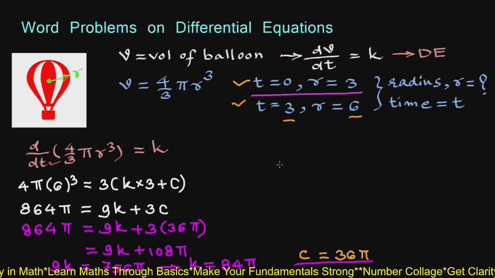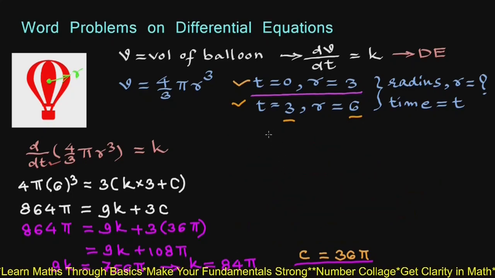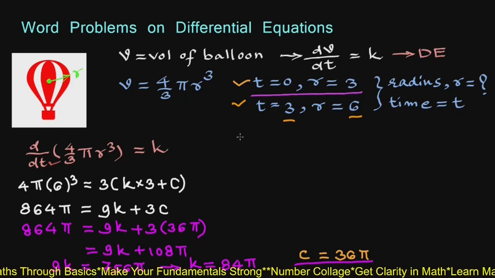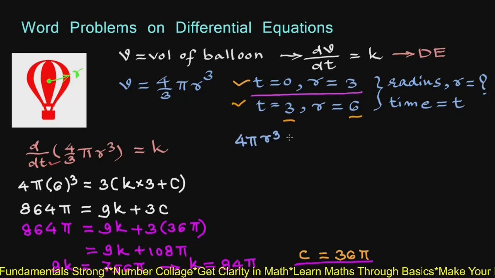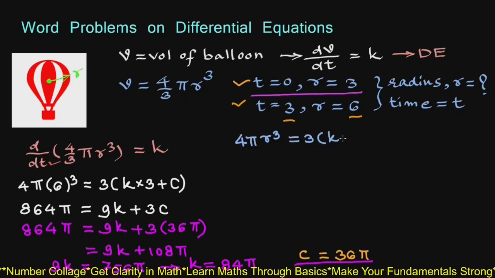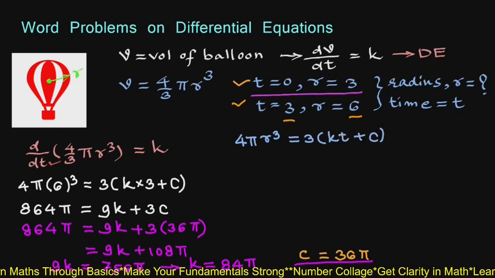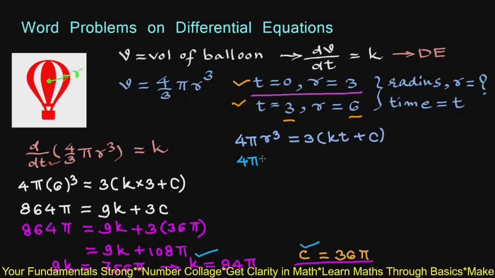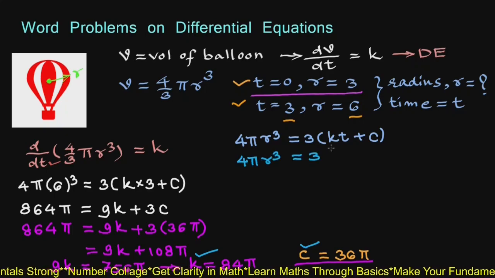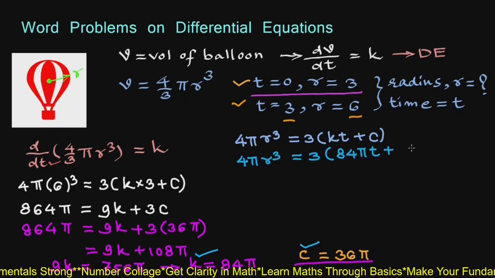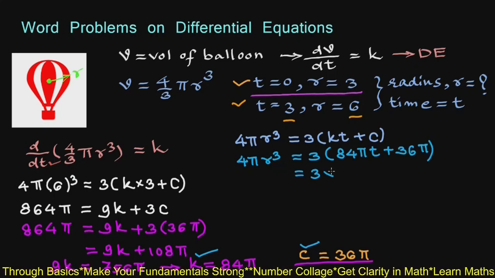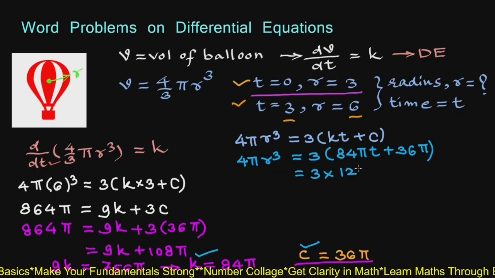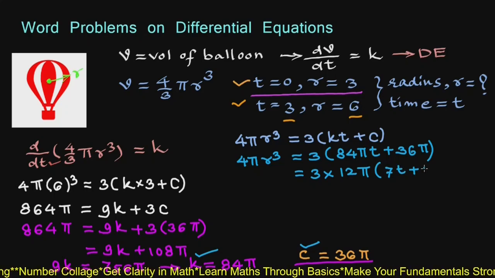We will substitute these values in the equation which we have found earlier, 4 pi r cube equals 3 times (kt plus c). Substituting the values of k and c, this will be 4 pi r cube equals 3 (84 pi t plus 36 pi), which is 3 multiplied by 12 pi into (7t plus 3).